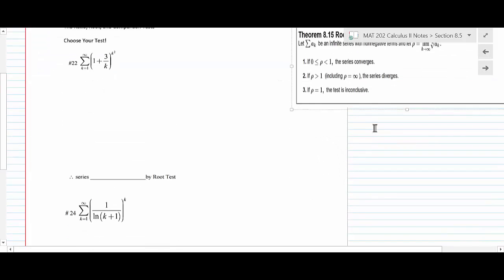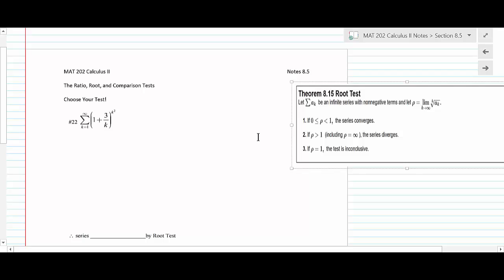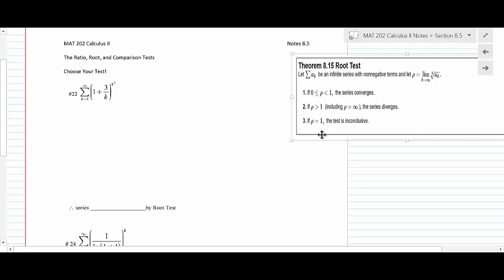So let's go to number 22. What we're going to do now is look at the test. Like I say, when I test, I tell you the test to use. That's the best way to keep you from doing the ratio test on every single problem. One of the things we said is if you had a power there, like a K power, then a lot of times a root test was good.